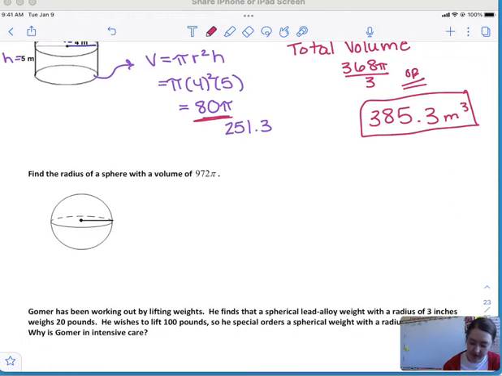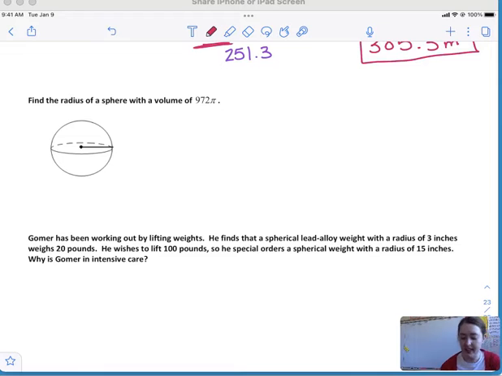Okay. Now we want to find the radius if the sphere has a volume of 972 pi. So we know volume of a sphere is 4/3 pi times the radius cubed. So 972 pi is going to go in for that volume.